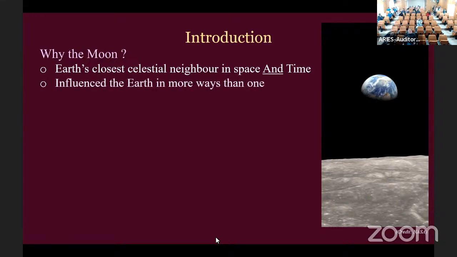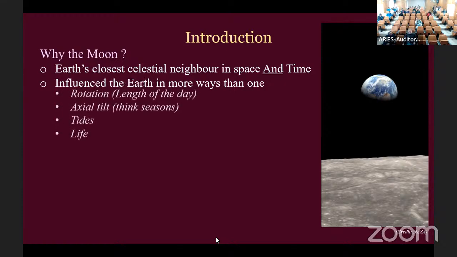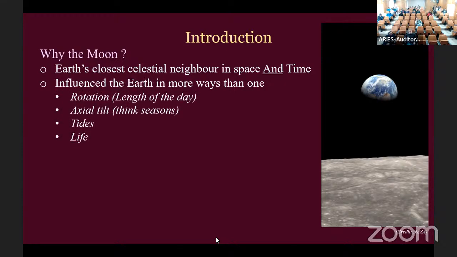It has influenced the Earth in more than one way. When we think about the size of Earth and the size of the moon, the moon is quite large compared to other satellites. As a result, the moon has influenced the rotation of the Earth. It has gradually slowed down the Earth to the current length of the day. It has controlled its axial tilt.